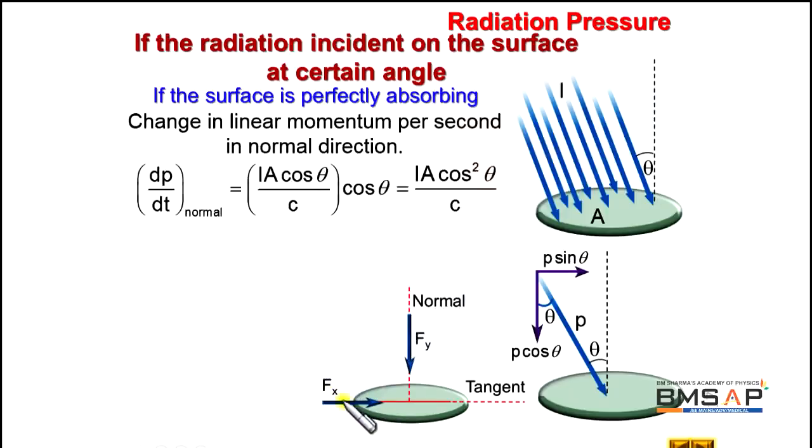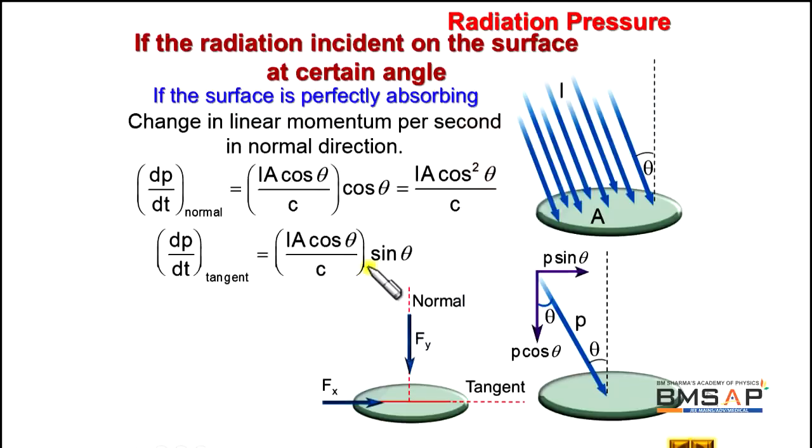Here we will get Fx and this is Fy. This is Fx. This component will provide the shear parallel to the surface, and this component will be responsible for providing the pressure. If we want to calculate the pressure, what we will do? We will divide this expression by the area. So, the radiation pressure in the case of perfectly absorbing is equal to I cos square theta divided by C.